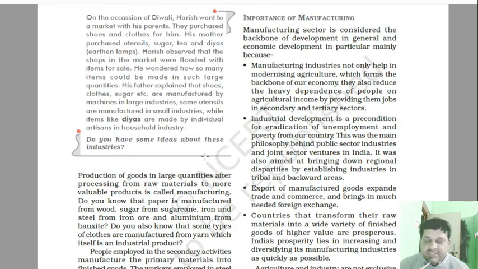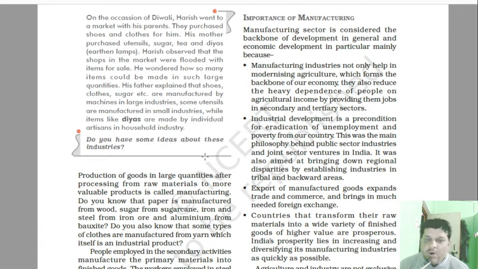So as far as India is concerned, and any country in the world, manufacturing industry makes the base for the modernization of agriculture, which in turn makes the development of the economy, and it reduces the population's dependence on jobs in the primary sector, agriculture, and provides them jobs in the secondary and tertiary sector.